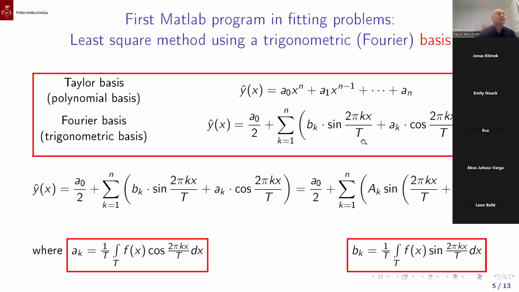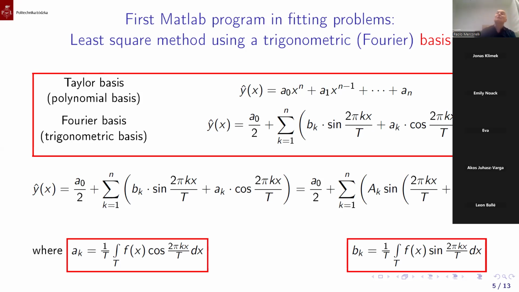The period is T. It must be known, or could be known, but if it is not known, we can estimate it. Basically, here to estimate are a0, b_k, a_k, and eventually T. But if T is to be estimated, we have a non-convex optimization problem.